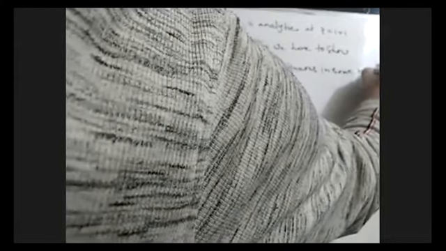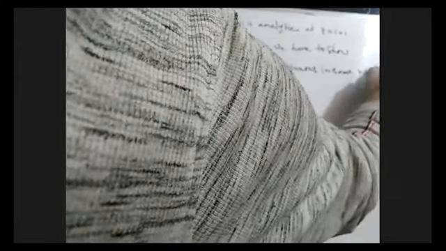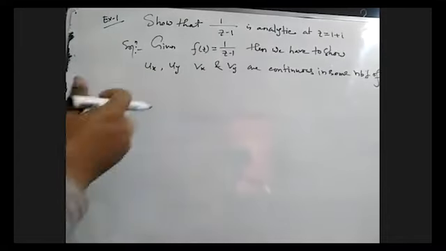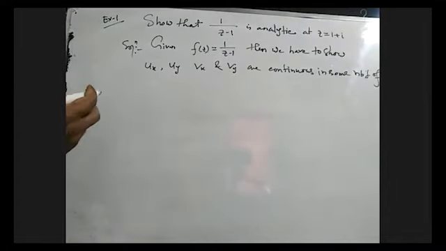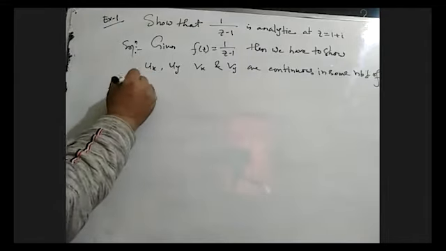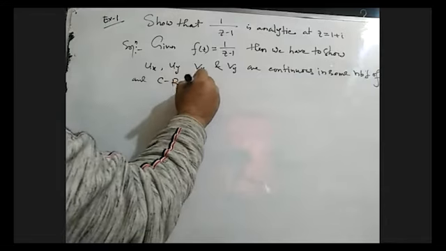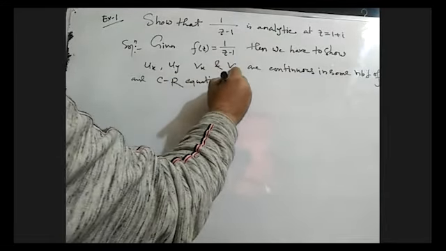If you take any neighborhood of z equals 1 plus i, then all these partial derivatives will be continuous, and the Cauchy-Riemann equations are satisfied.